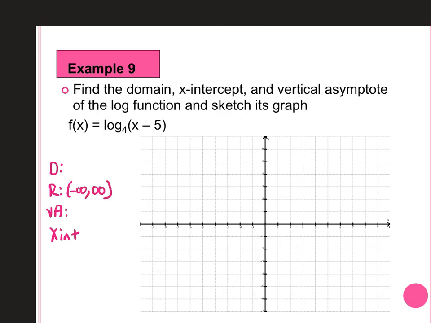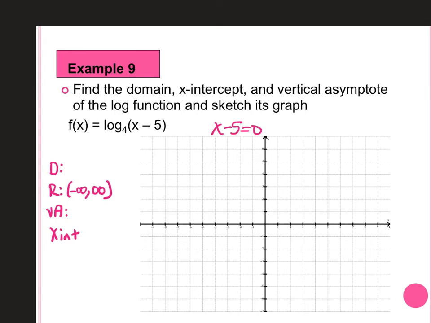Now, going back to what we started with, that first little cheat sheet, how do I know what my domain is or where my vertical asymptote would be? Looking at that function, what do I have to do? How do I find that? It's the negative. It tells you on your little cheat sheet to take the parenthesis and set it equal to 0.